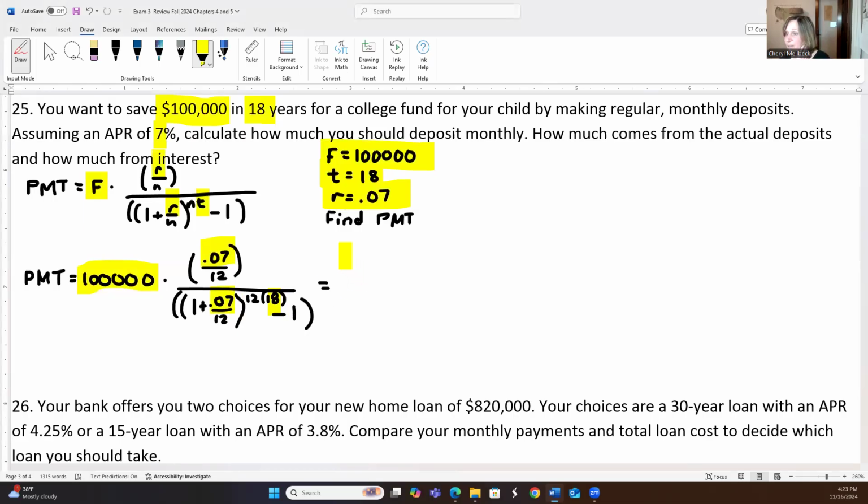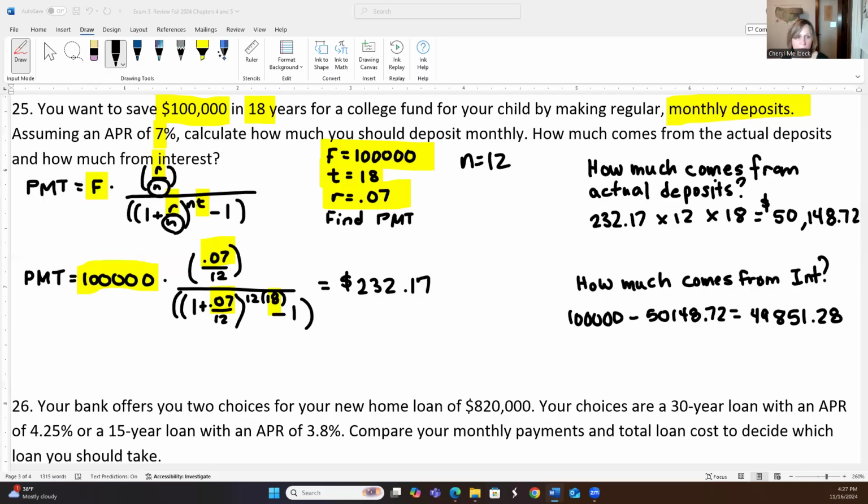And you're putting the money in monthly, so N is 12. And that's this number in the bottom of the fractions. And we plug and chug. Let's see what we get. So when we plug that in, we got $232.17. That's what you'll be depositing for each payment monthly.